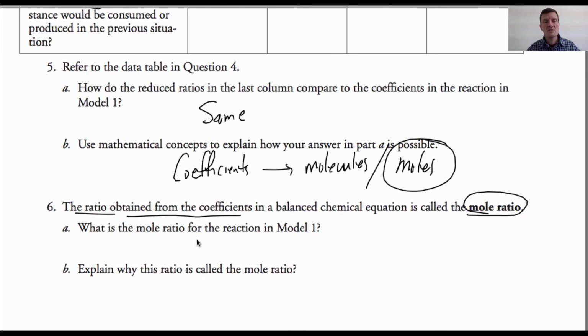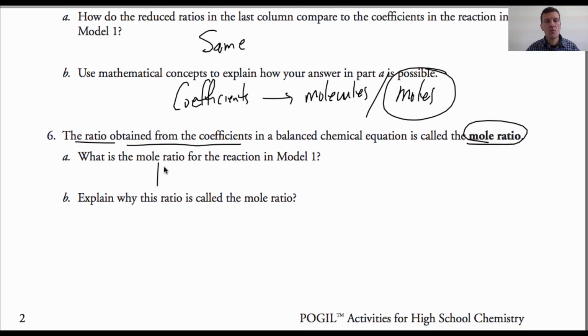What is the mole ratio for the reaction in Model 1? It is a 1 to 3 to 2 ratio. Now, here are your two reactants, here's the product. You could compare any two if you want to. You could say the two reactants are in a 1 to 3 ratio. The first reactant and the product is in a 1 to 2 ratio.